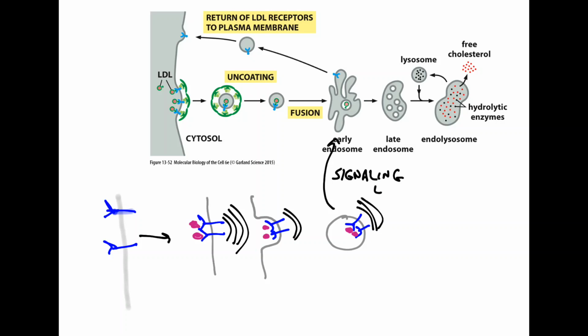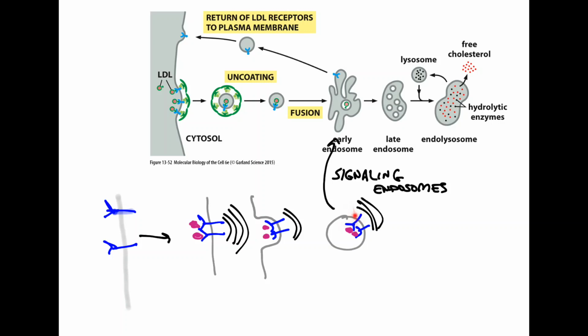So we refer to signaling endosomes as those that specifically possess an active receptor for signal transduction. And I'm not going to talk more about that until we've talked about receptors and signal transduction specifically, but I did want you to be aware of the connection between endocytosis and signaling reactions, and we'll talk more about that later.